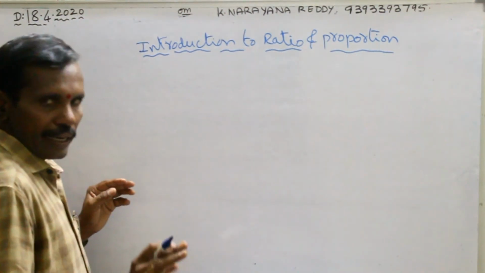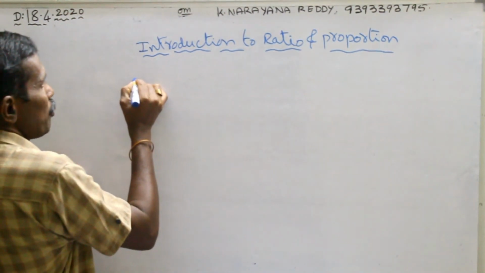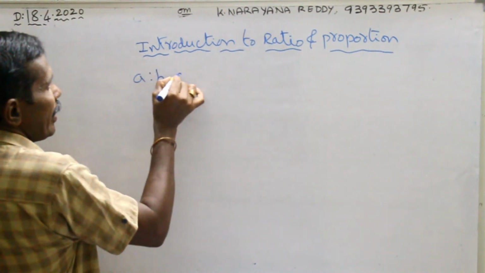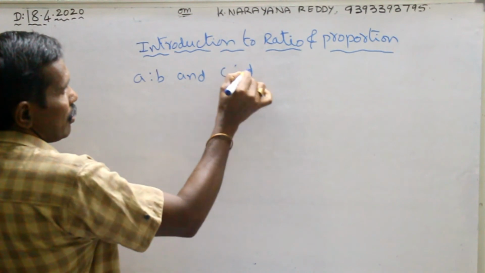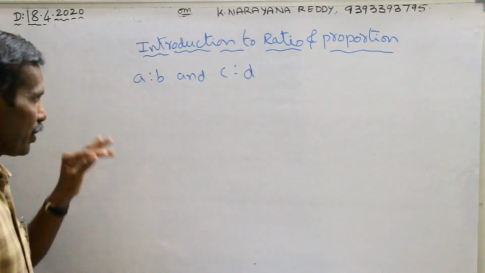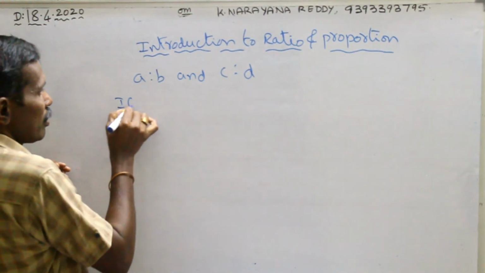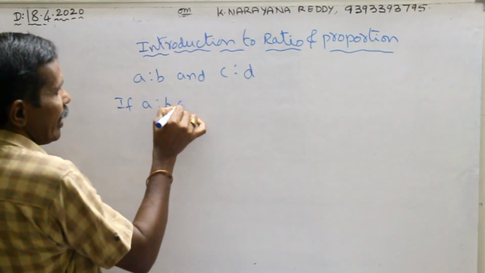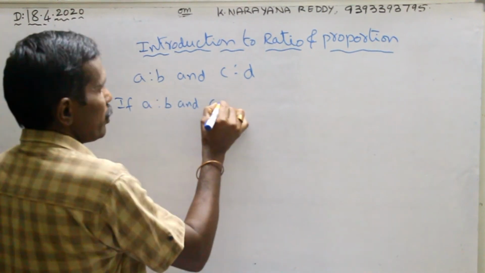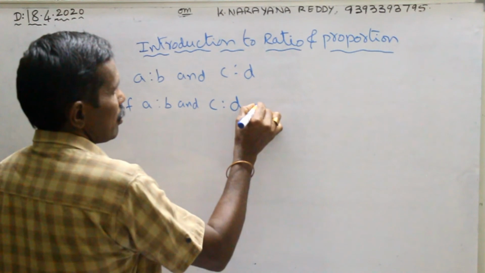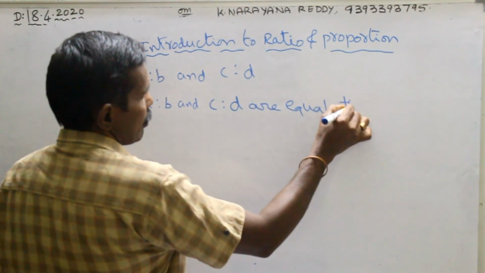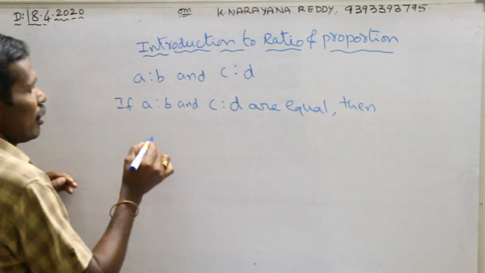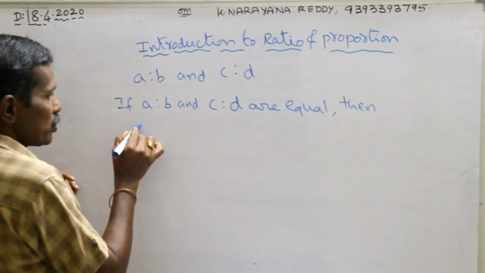Okay? Take 2 ratios. Suppose A is to B and C is to D. These are 2 ratios. If A is to B and C to D are equal, then that means what?